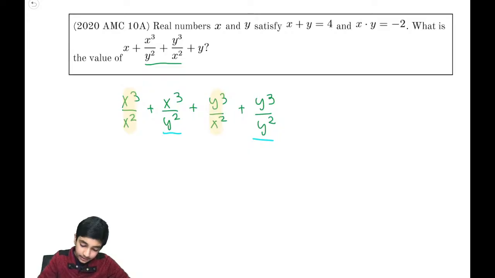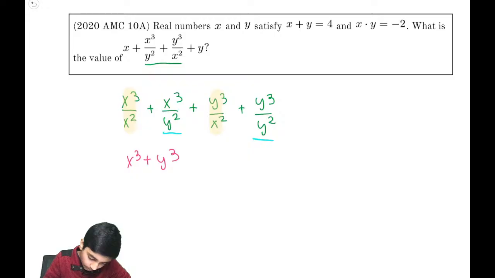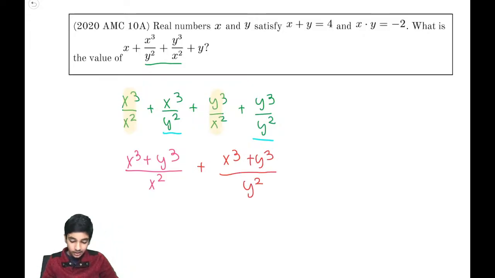So the idea is that we can rewrite this as x cubed plus y cubed over x squared plus x cubed plus y cubed over y squared. Now we see that x cubed plus y cubed shows up yet again.